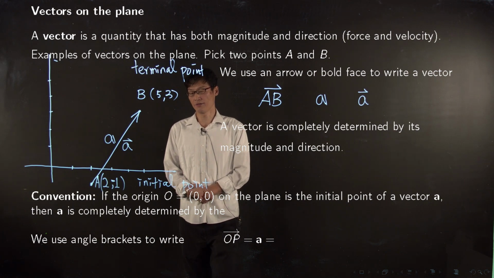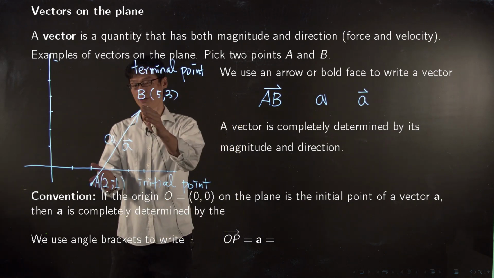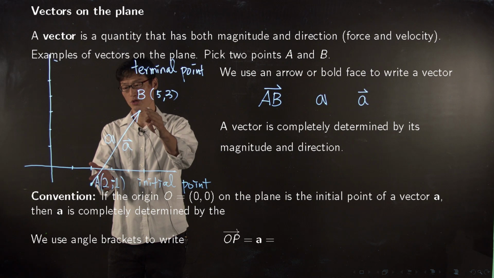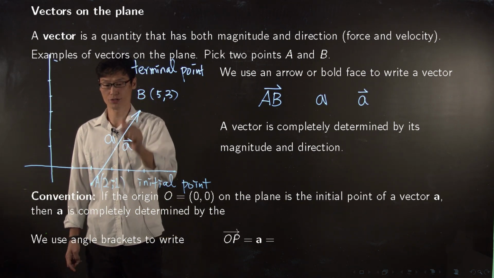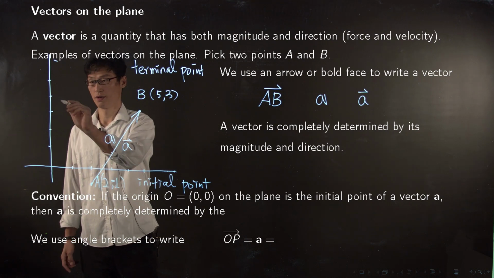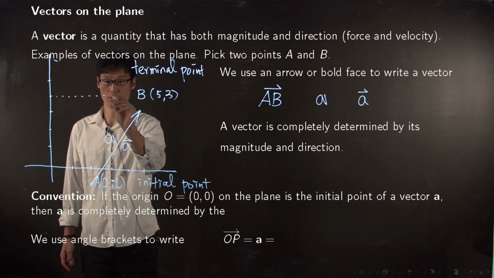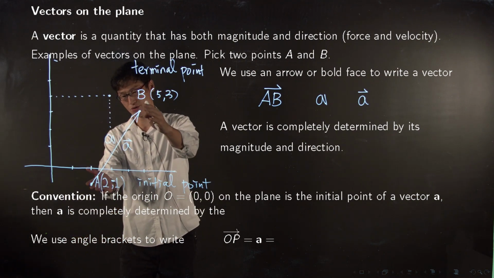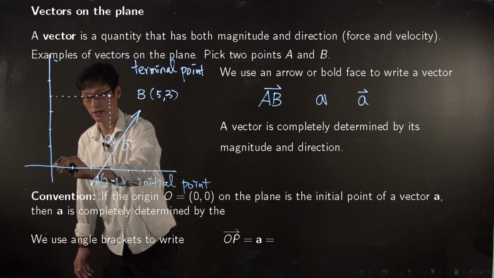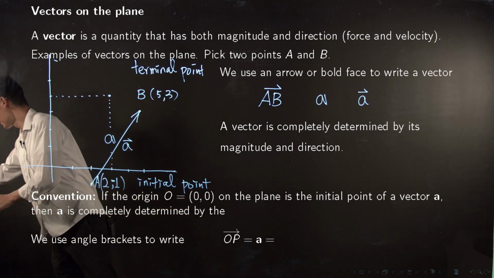If you translate this vector so that the initial point is at the origin, and the terminal point is 3, 4, keeping the magnitude and direction, you will get a vector like this.